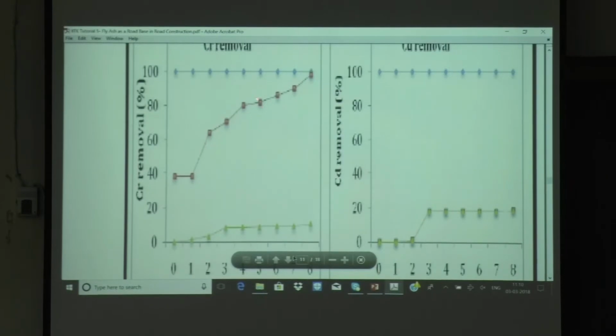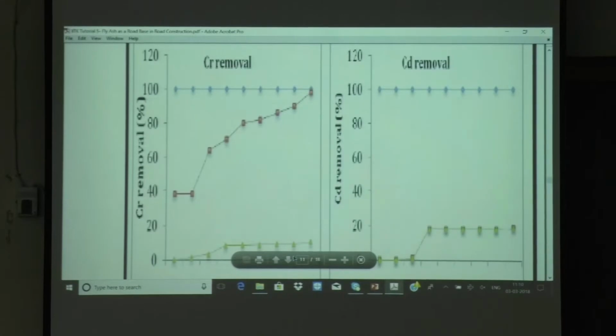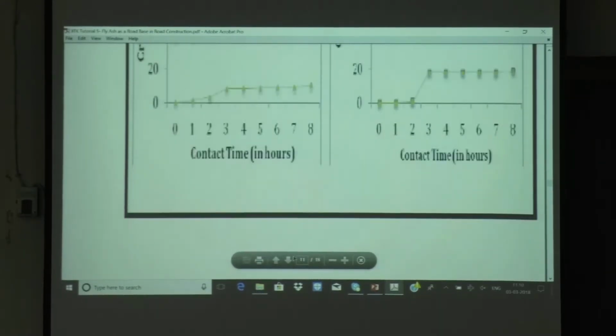Chromium removal can go to almost 100% after a certain number of days. Whereas copper removal, you can only get up to about 20% removal. This is contact time, and the contact time is in hours.